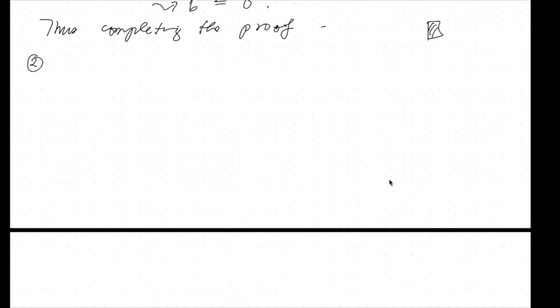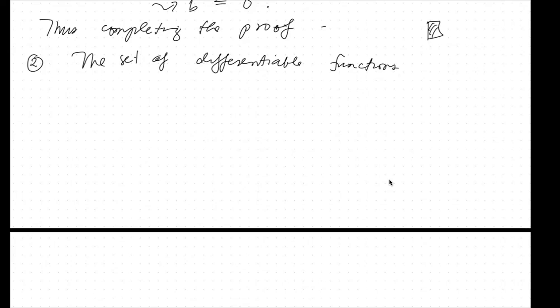The set of differentiable functions on R is a subspace of the vector space R to the R. This is the set of functions from R to R.